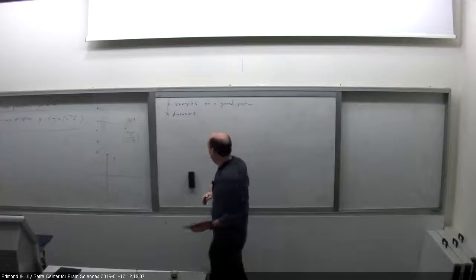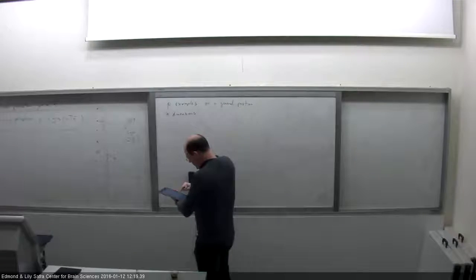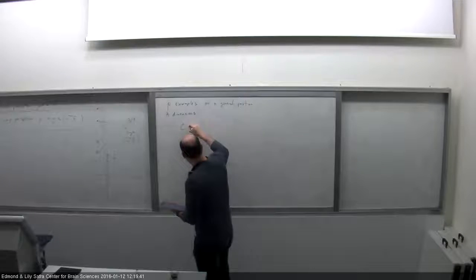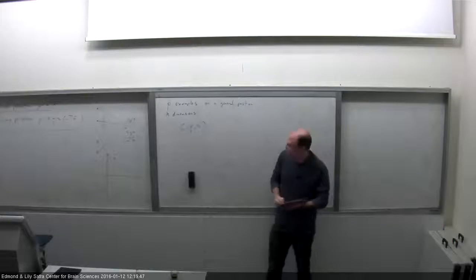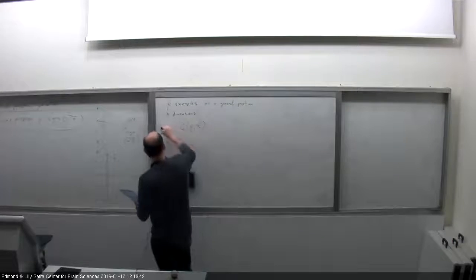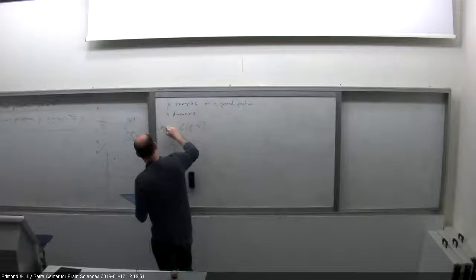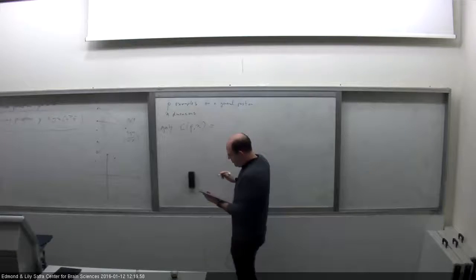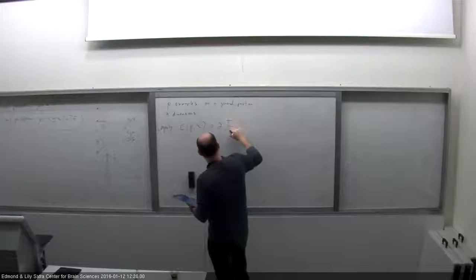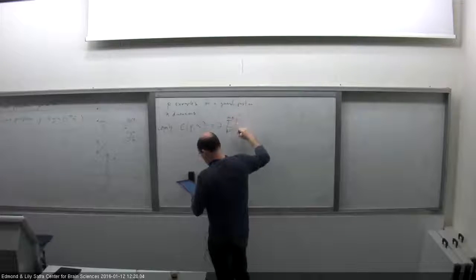Okay, so we can define something that we call C(p, n), the capacity. And Cover's theorem tells us that this is equal to 2 times the sum over k, for k going from 0 to n-1, of (p minus 1 choose k).